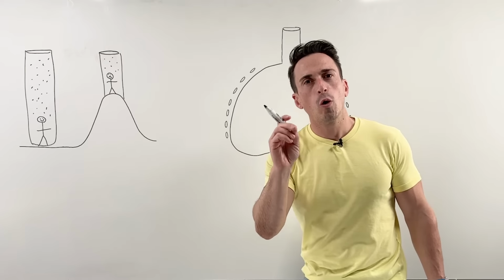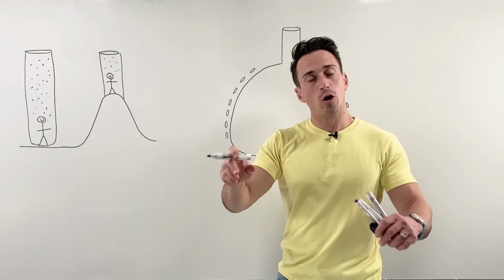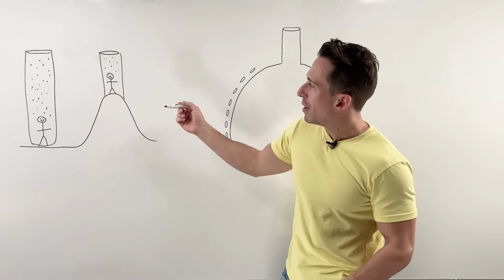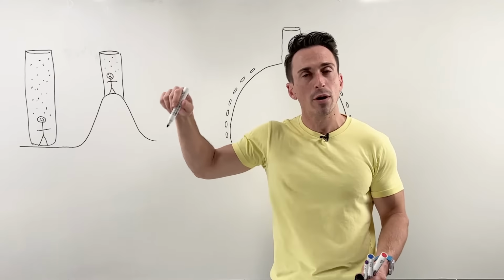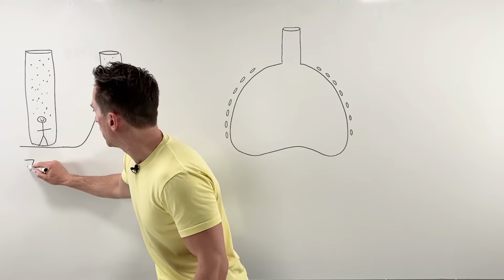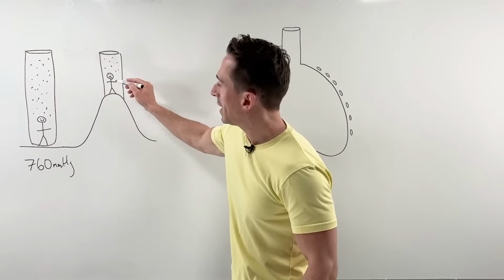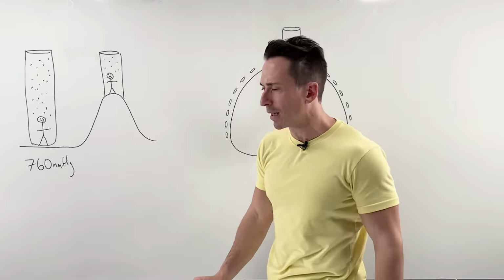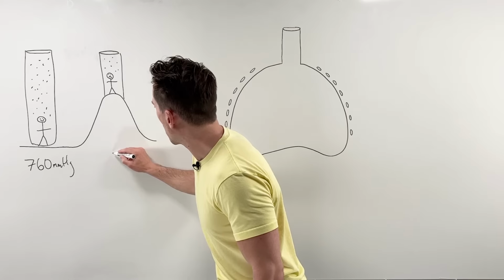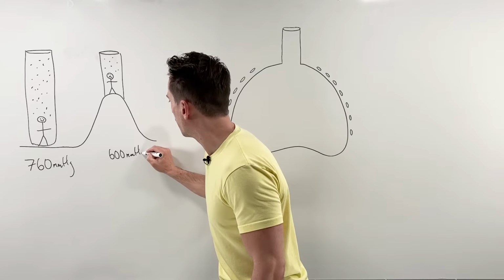Remember, pressure is the force that these gas molecules place on the walls of a tube, for example. Because there's fewer gas molecules, the pressure is going to be lower. So here at sea level, it might be 760 millimeters of mercury worth of pressure, but up there, it might be significantly lower, something like, let's say, 600 millimeters of mercury.